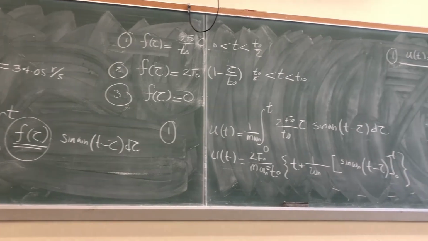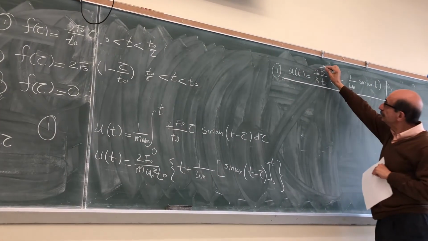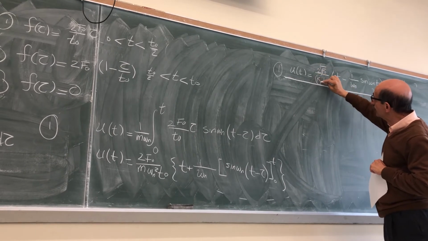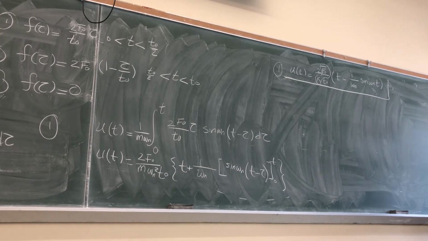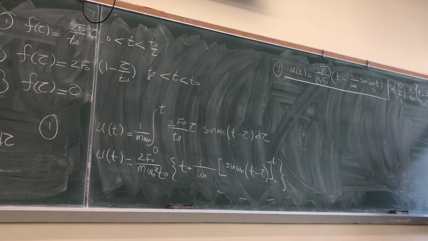You can rewrite this by factoring this out, because we always want to write dynamic response as a multiplier to the equivalent static response. So I can write it this way also: 2 over t naught times t minus 1 over omega n sine omega n t.